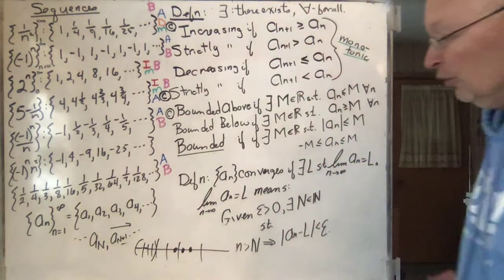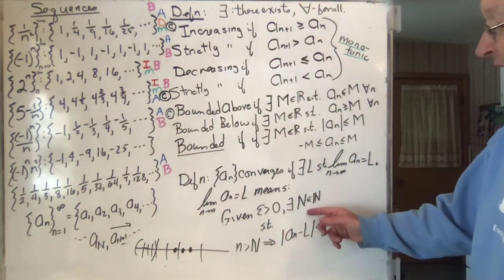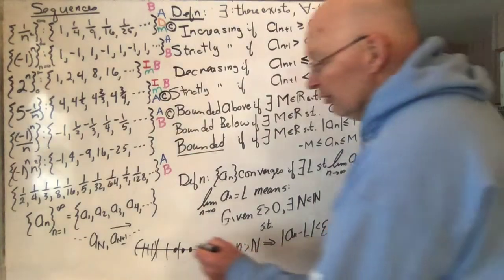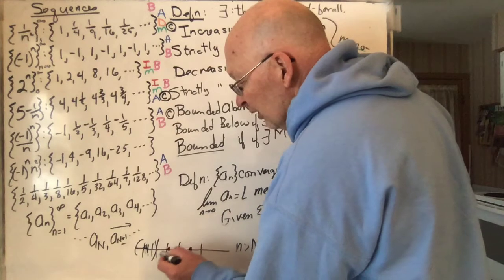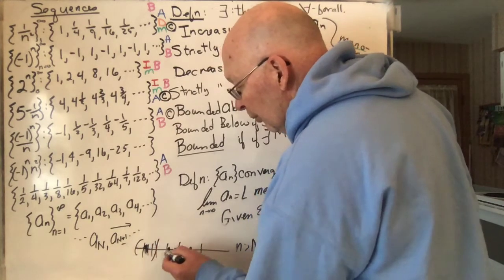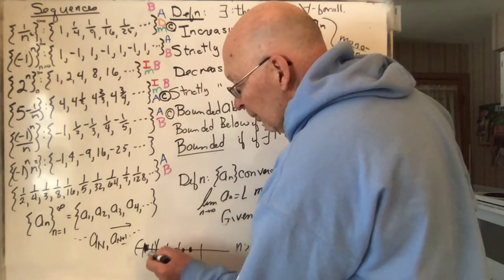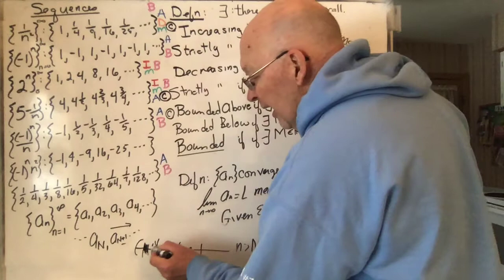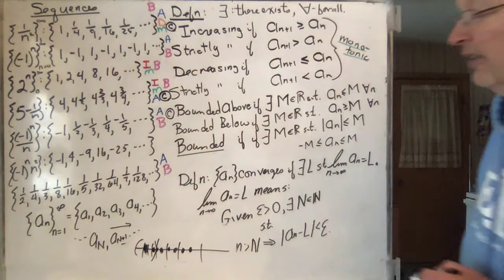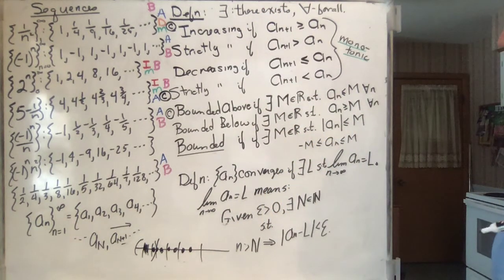Does that mean it converges or not? Sure, we just haven't gone far enough. You can bounce back in and out a few times. That's okay. It's just that eventually you're going to be in there for good. A couple more, now this one. A couple more, now this one. And from then on, everything is going to be inside there. See that? So there's another example of one that converges.